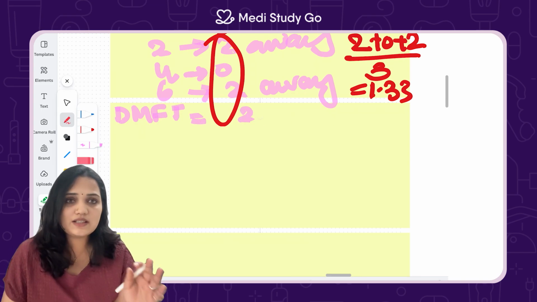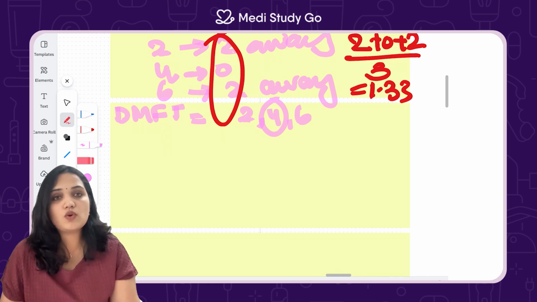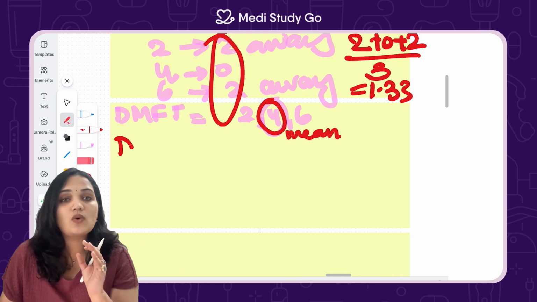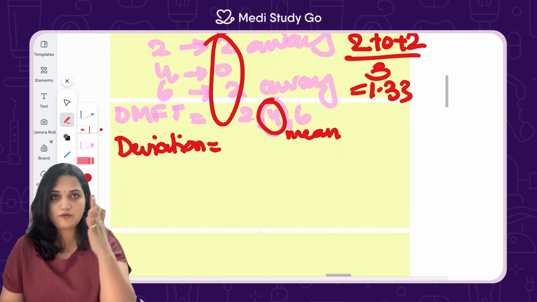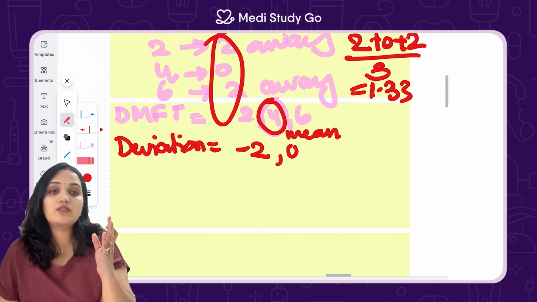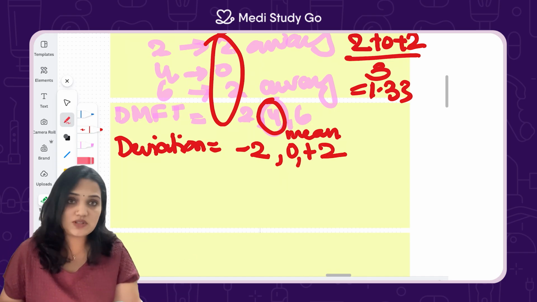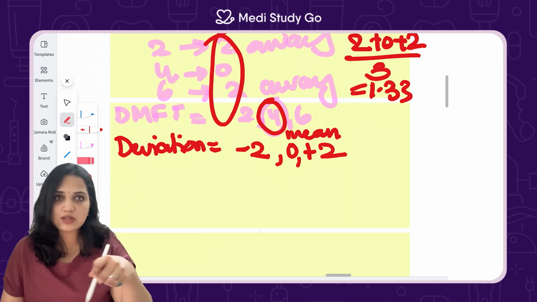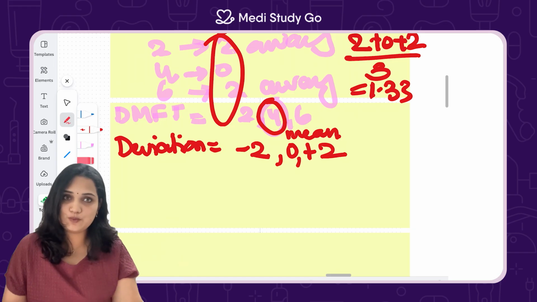Again, let's say the data is 2, 4 and 6. Our mean is 4. So step 1, we understand what the deviation is. The deviation here is from your 4, the values that are towards the left, that's negative, and towards the right, it's positive. So we have -2, and then the value in the middle, that's our mean, is 0, and we have a positive value, that is +2.